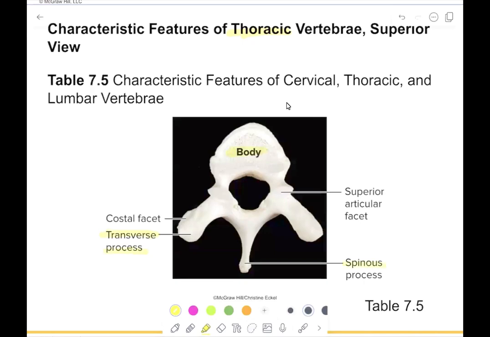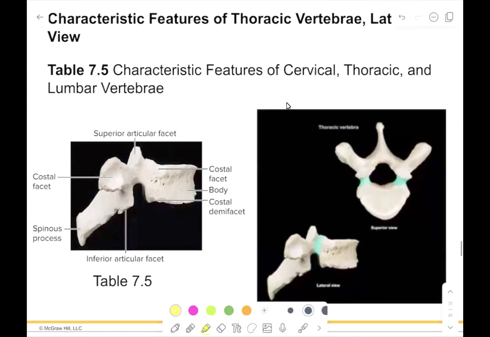The spinous process is what points in a posterior direction. Again, when you palpate the back of your spine, that's what you're going to feel. Then there is a superior articular facet. That's the flat portion that's going to articulate with the vertebra superior to it.